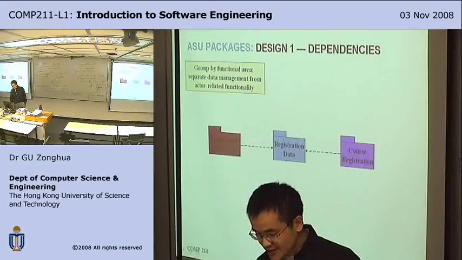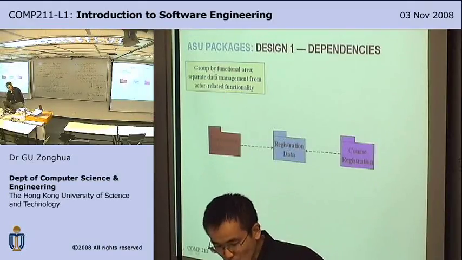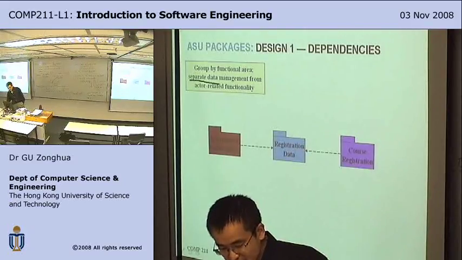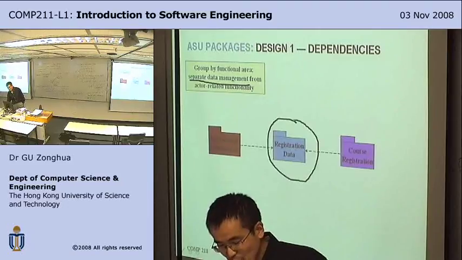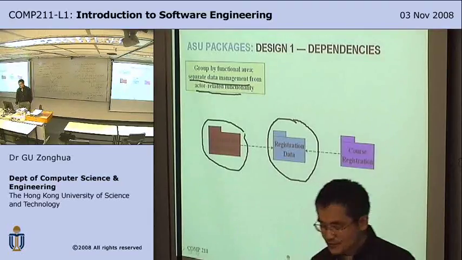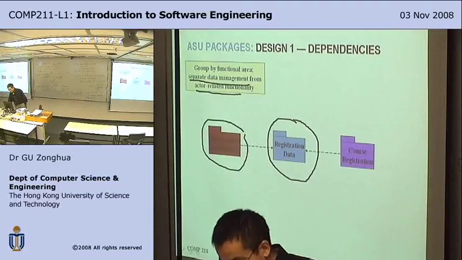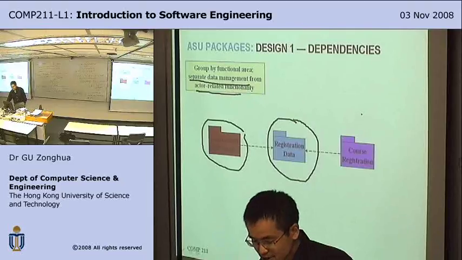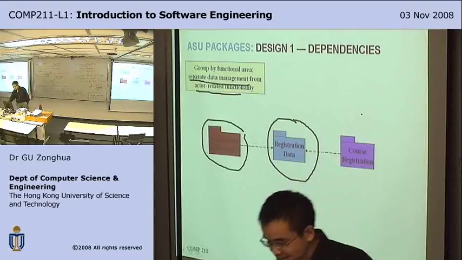So here's the grouping by functional area, where you separate data management, that is registration data containing all the entity classes, from actor-related functionality. So information maintenance is related to registrar, actor, and course registration is related to professor and students.